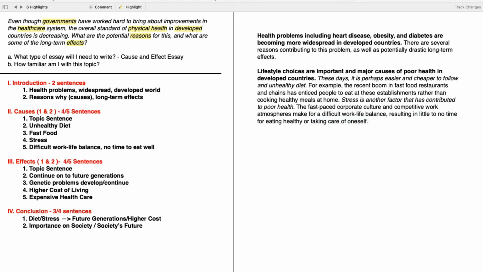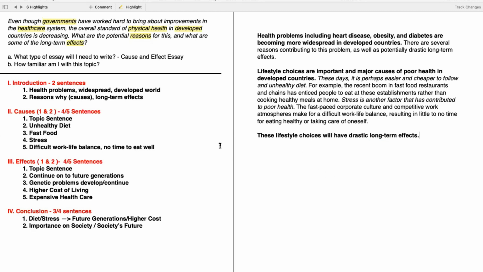All right, let's continue to our third paragraph here, and we're looking at the effects. So I've just described these choices, and for my topic sentence, I'm going to say these lifestyle choices will have drastic long-term effects. Remember, I wanted to focus on the future here.